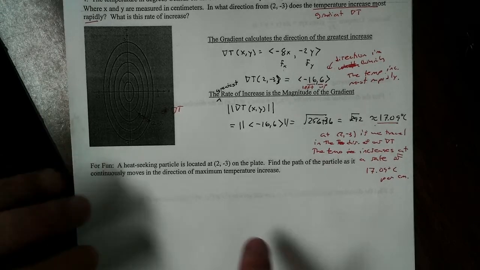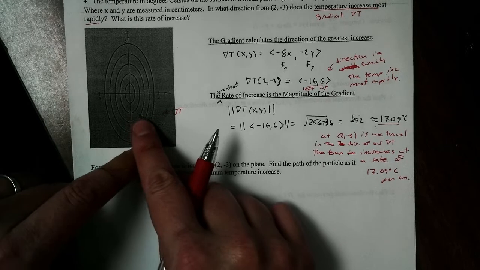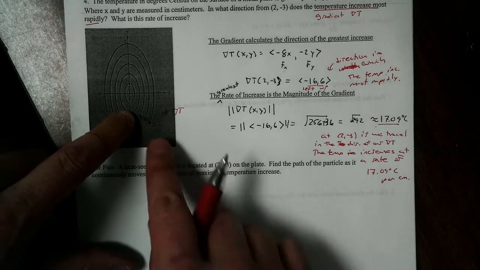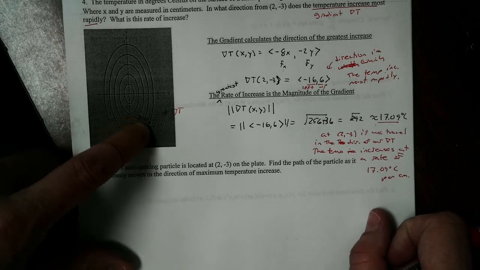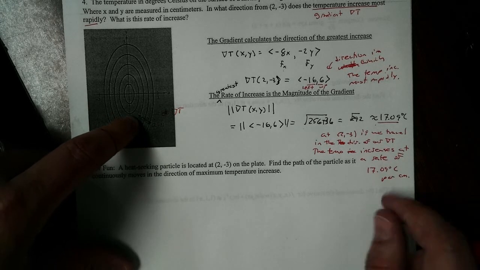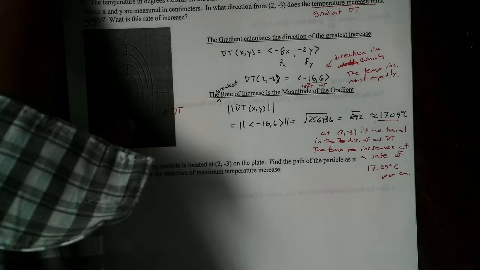So as we're traveling in this direction, the temperature is increasing 17.09 degrees per centimeter we travel. And that's going to be the greatest rate of change for this.